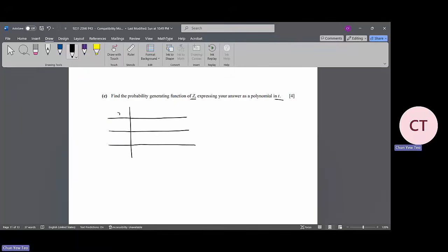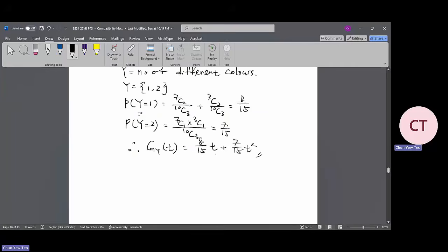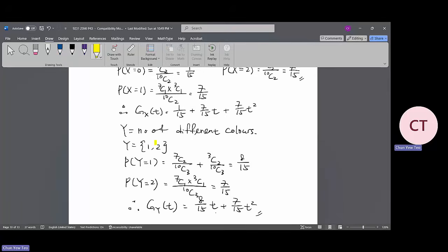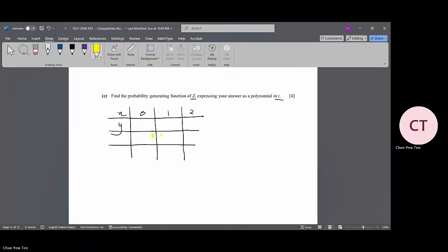For X, it has the possibilities of zero red balls, one red ball and two red balls. And for Y, we follow the main answer. The main answer is that they let Y equal 1 and 2. The random variable for Y, we have 1, we have 2.